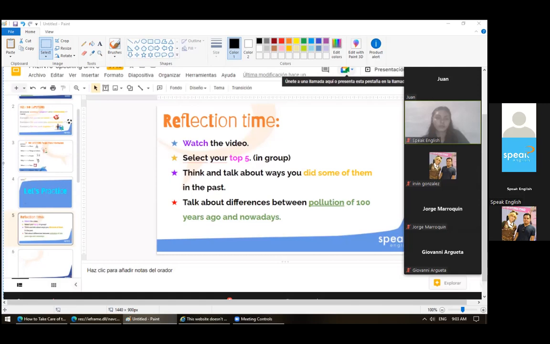And we have clean sky, and yeah, for me it's important to see the difference between pollution 100 years ago and nowadays. And for me, it's important to say the word, maybe create an application and never use paper, or maybe robots and recycle the trash.